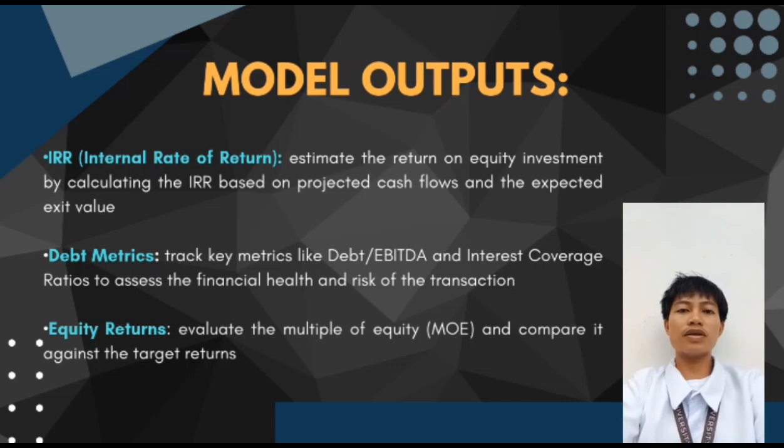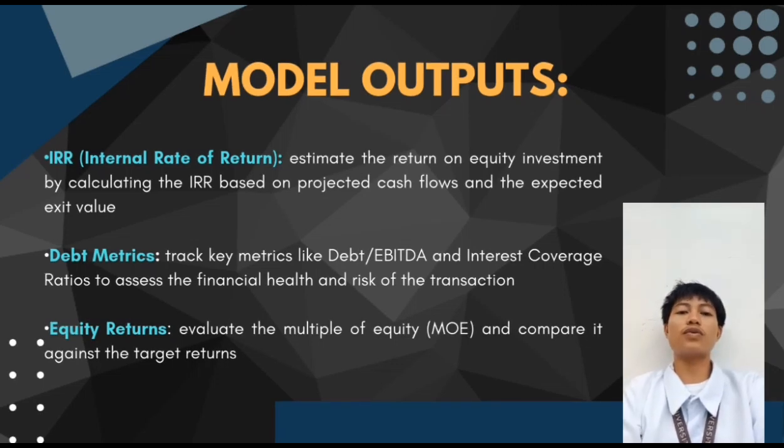They show how much debt the company has compared to earnings and if it can pay interest, which helps us measure the financial risk. And lastly, we look at the equity returns, especially the multiple of equity. They show how many times the investor's money can grow, and we compare this to the target return to see if the deal is worth it.